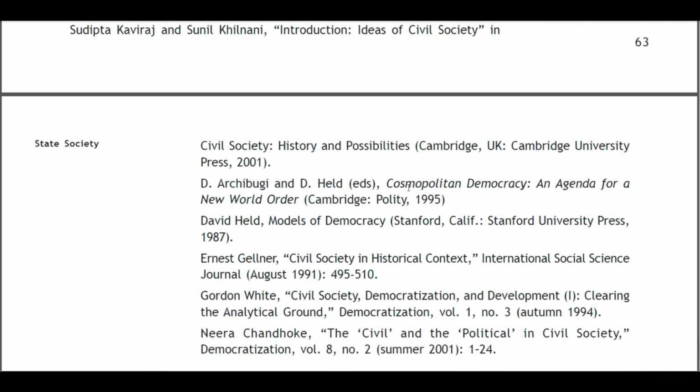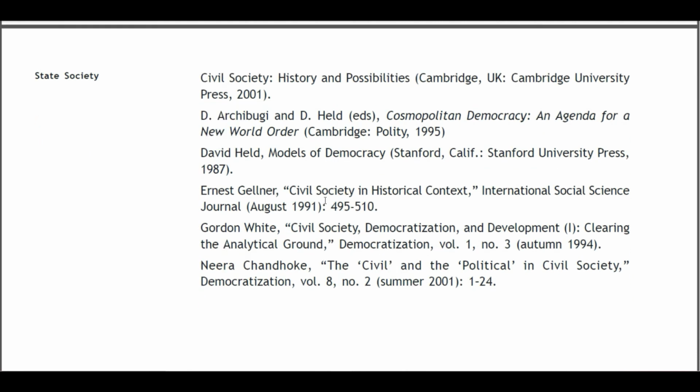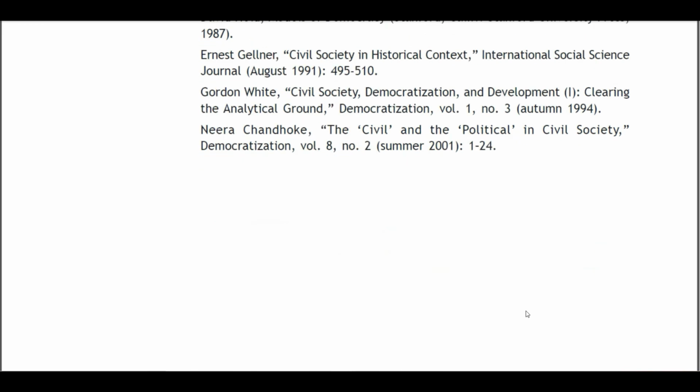The other one is Cosmopolitan Democracy: An Agenda for a New World Order. The other one is Models of Democracy. Then Civil Society in Historical Context, Civil Society, Democratization and Development: Clearing the Analytical Ground, Democratization, Volume 1, Number 3. Neera Chandhoke, The Civil and the Political in Civil Society, Democratization.